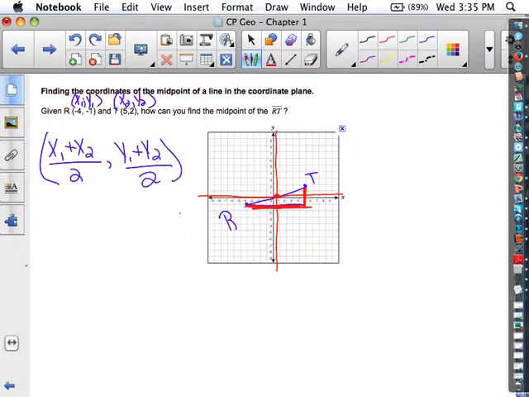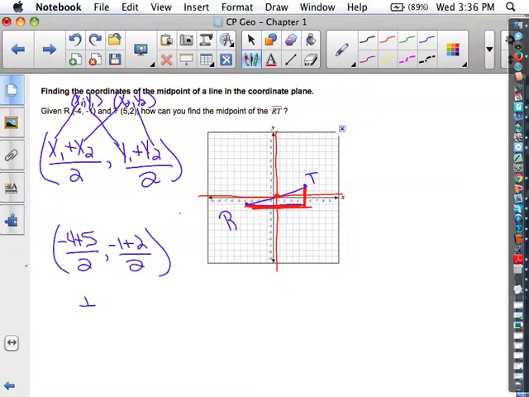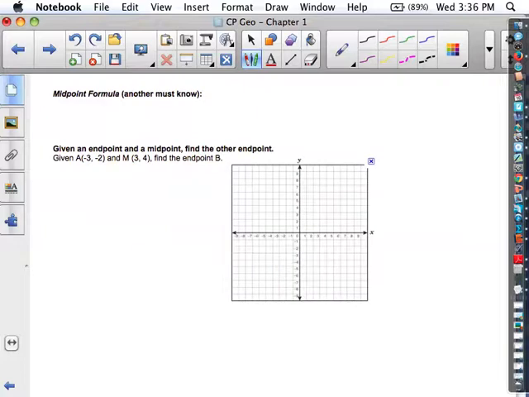So you're taking an x from each and then a y from each. So in our example, we have (-4 plus 5) over 2, and then (-1 plus 2) over 2. So the midpoint is at (1/2, 1/2). And that's about what it looks like on our picture, (1/2, 1/2).